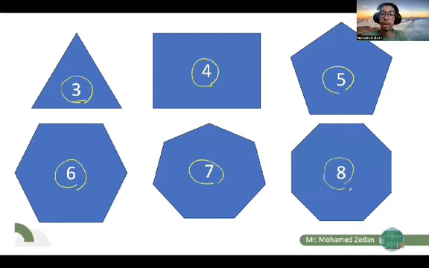And as we know, the polygon has the same number of sides, the same number of angles, and the same number of vertices. Today we'll speak about the father of the quadrilateral, which is a parallelogram, and its properties.